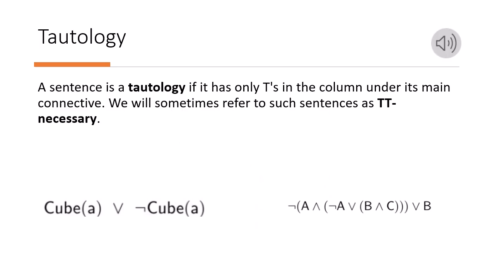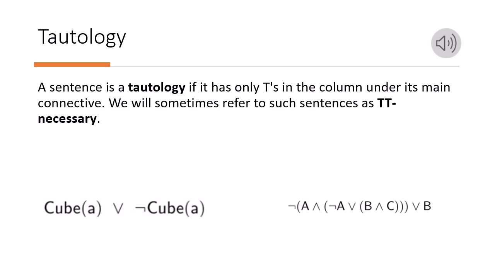So now that we've introduced the notion of a truth table for a complex sentence, we can start talking about a bit of terminology that is related to logical necessity and logical possibility. And the idea is perhaps best understood as being a stricter version of logical truth.